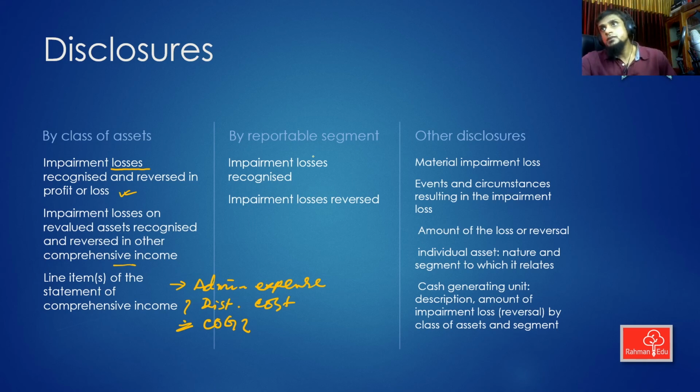Now, by reportable segments, you need to disclose impairment loss, how much you have recognized, and impairment loss, how much you have reversed. Now, for segments, we have another IFRS. We will discuss that later. For now, I'm going to give you a brief idea. This is Unilever.